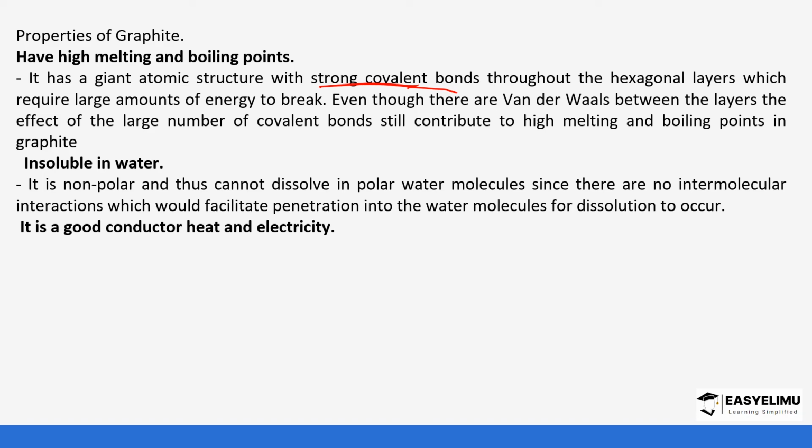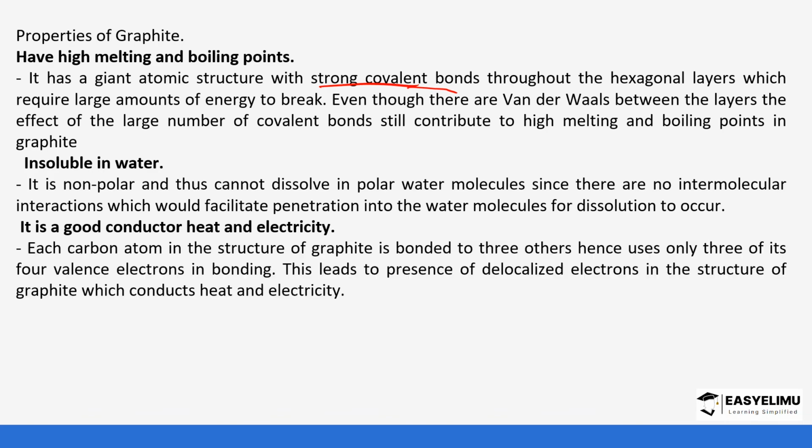It is a good conductor of heat and electricity, which is contrary to diamond, and this is because only three of its valence electrons are used in bonding, which leads to the presence of a delocalized electron. So that's why it can conduct heat and electricity. And then it is soft and slippery.